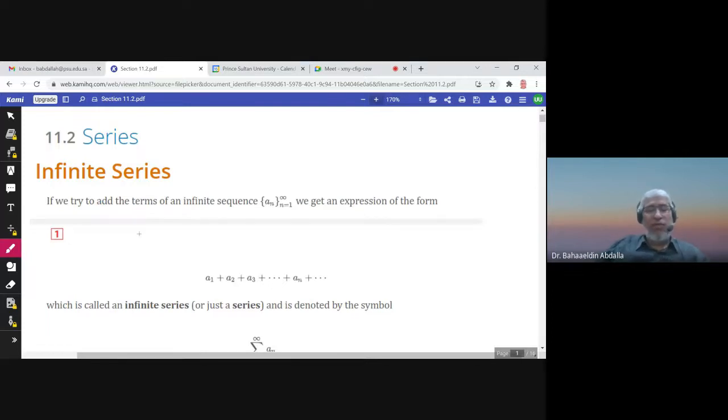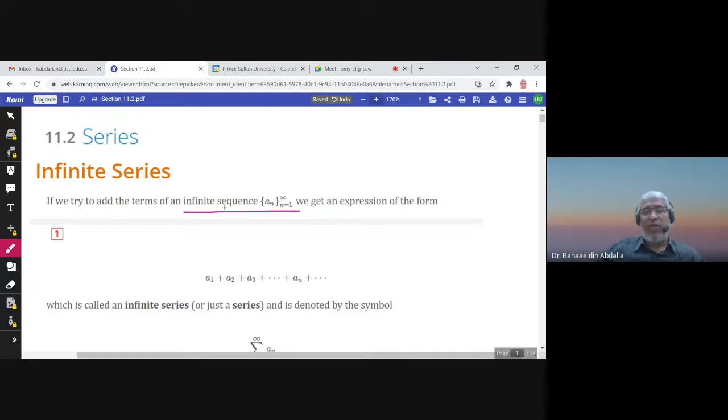This is section 11.2 and it's about series. And we will talk about infinite series. As we talked in section 11.1 about infinite sequences, where we write the sequence like this, n from 1 to infinity.